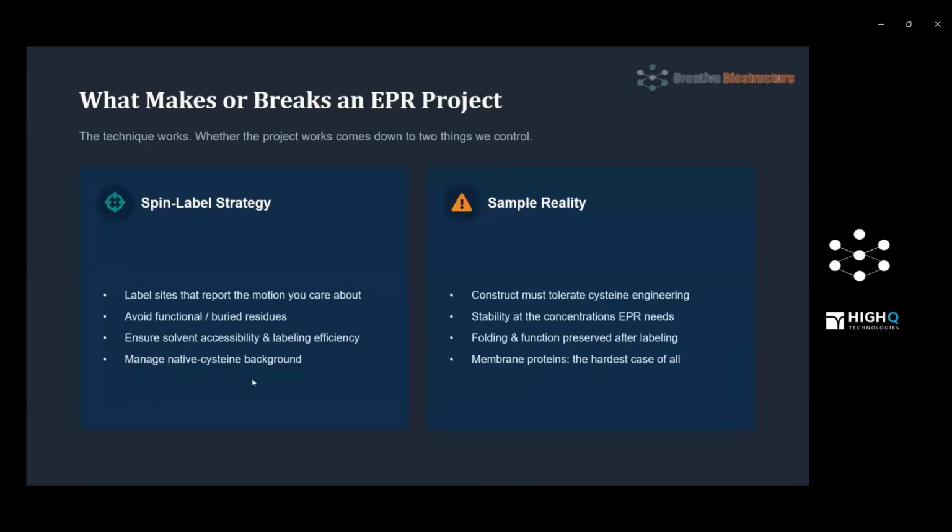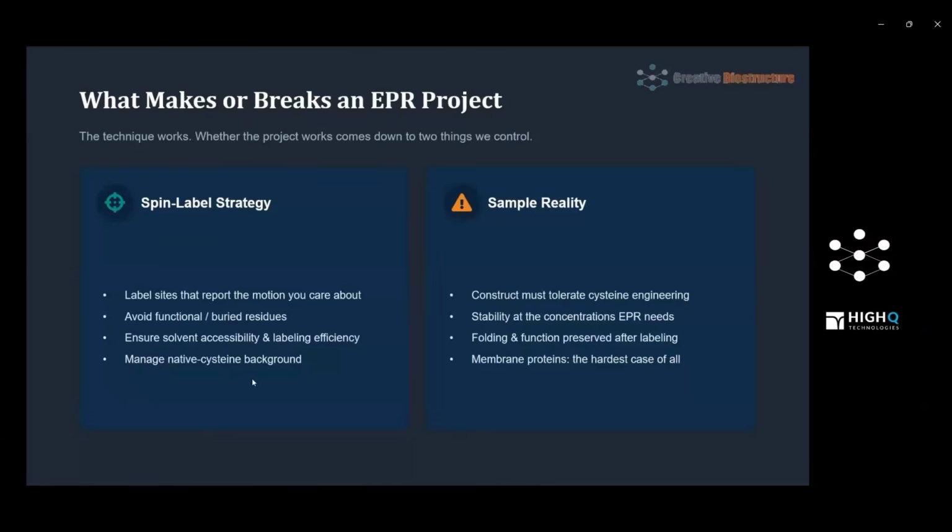Sometimes they lead to the aggregation or denaturation of certain proteins, and the thiol chemistry cannot distinguish the ones you intended. So choosing those sites well requires EPR experience behind it. Site selection tends to become trial and error.